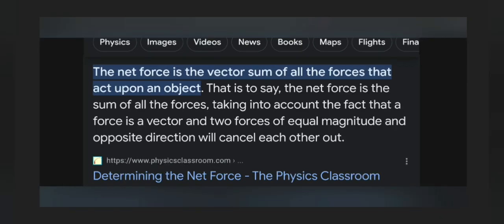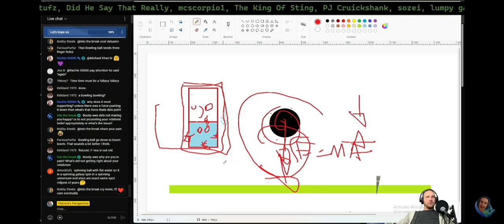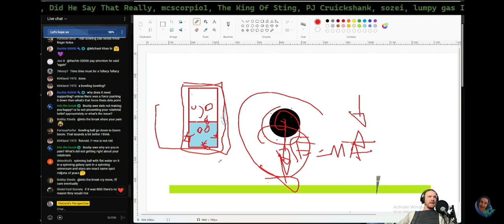So what are the two forces that are equal in magnitude and opposite in direction in this scenario? The same amount of force attributed to them because they accelerate at the same rate.